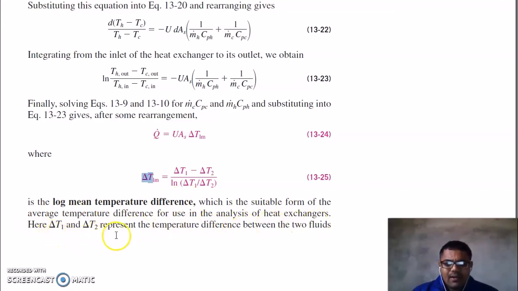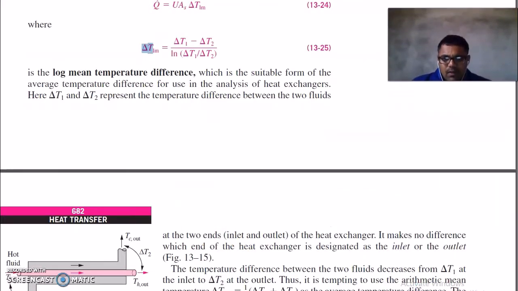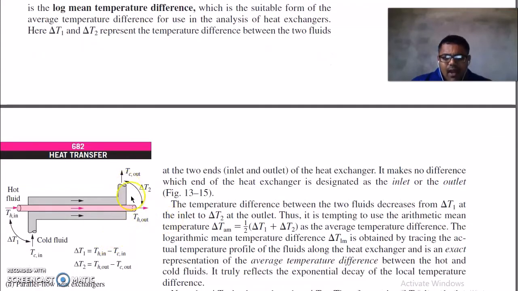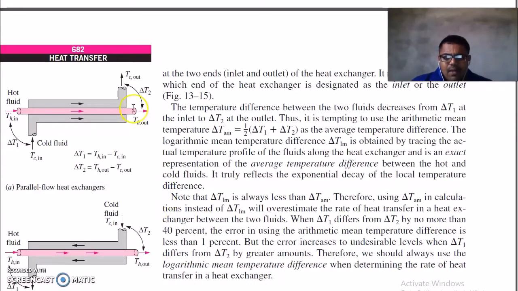Here delta T1 and delta T2 represent the temperature difference between the two fluids at the ends of the heat exchanger. It makes no difference which end of the heat exchanger is designated as inlet or outlet. Means you can take any end as inlet or outlet. Here delta T2 represents the temperature difference between the cold fluid outlet and hot fluid outlet temperature, and here delta T1 is the temperature difference of these two streams.